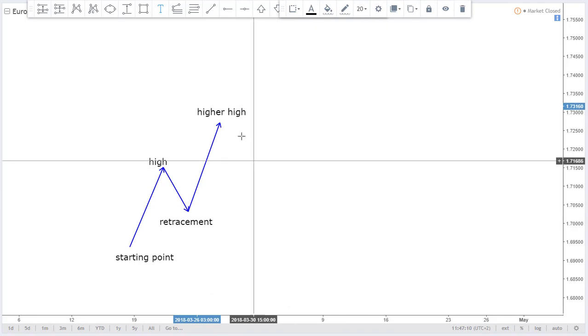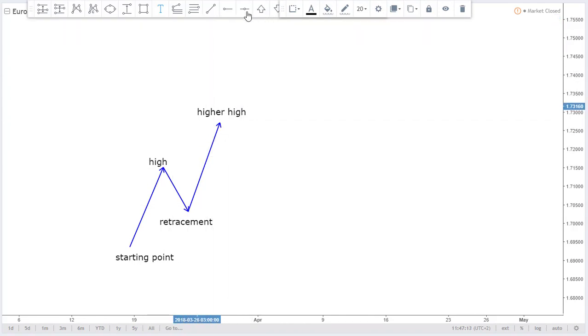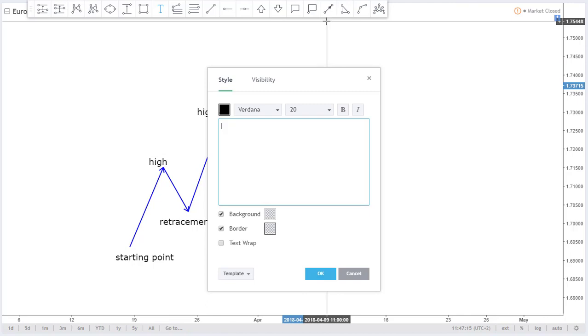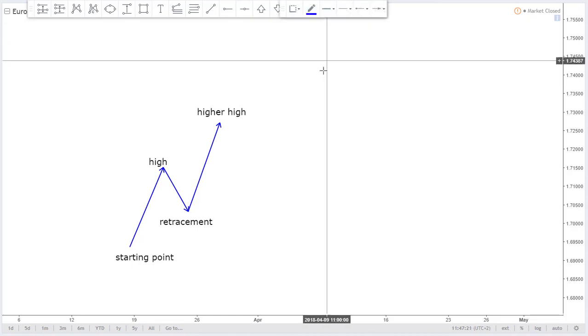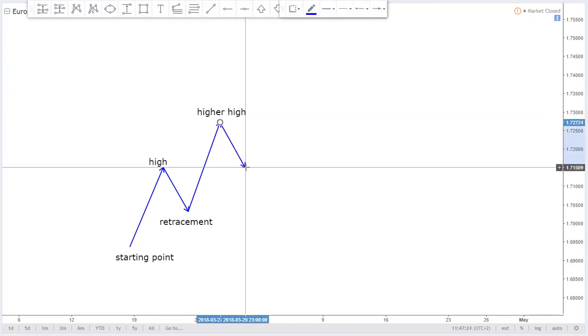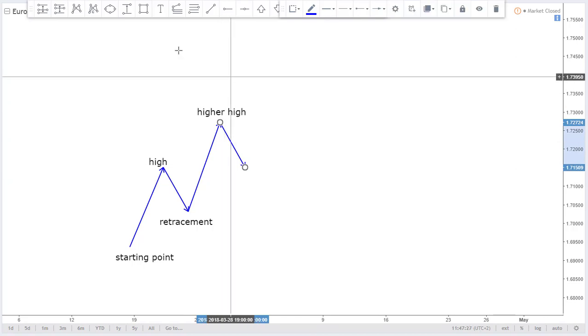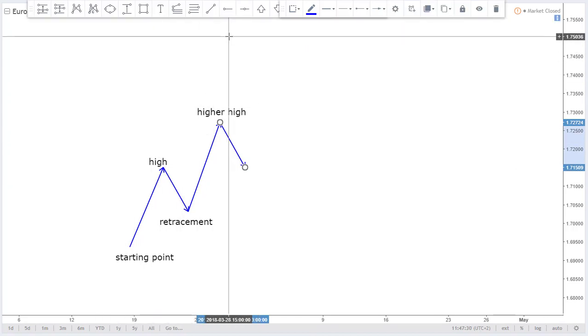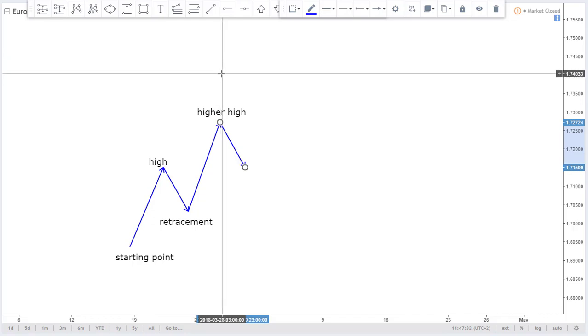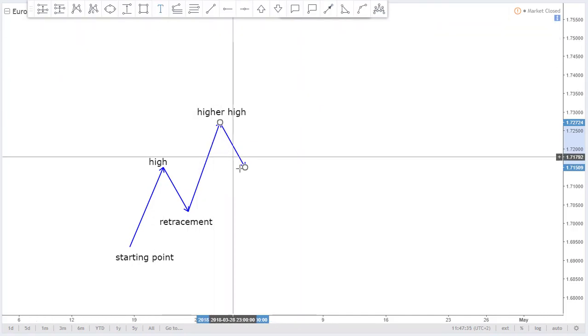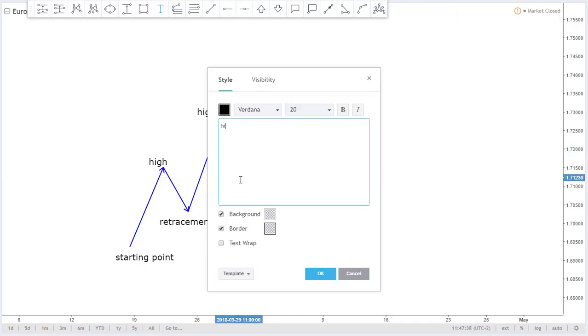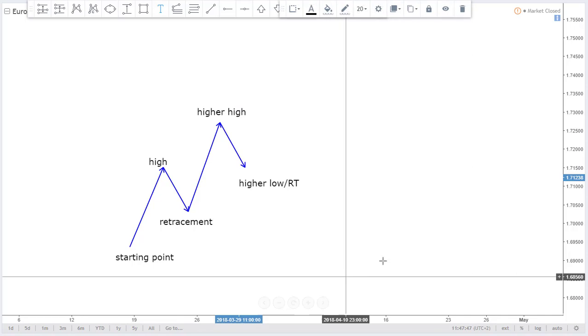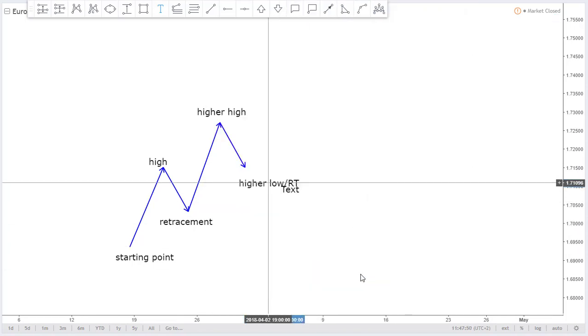Then we are going to have a retracement, or a higher low right here. You can call this RT, short for retracement.